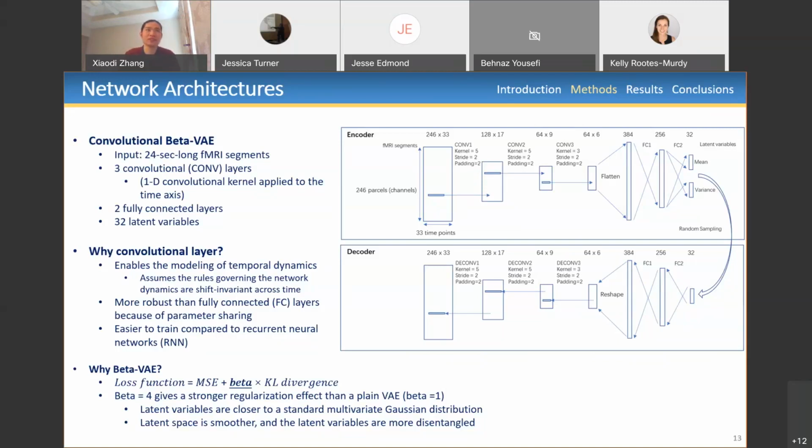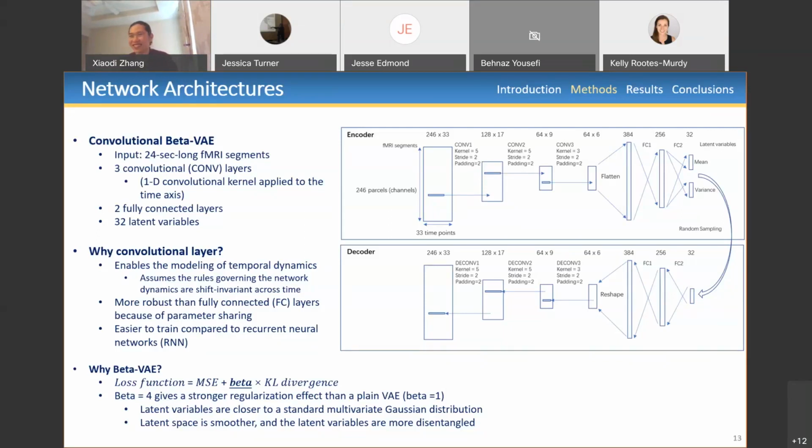Basically, after convolution, you have a high dimensional vector. You just flatten it to a single vector because the following fully connected layer can only accept a single vector. So that's why we apply flatten here. Yeah, right. Thank you.